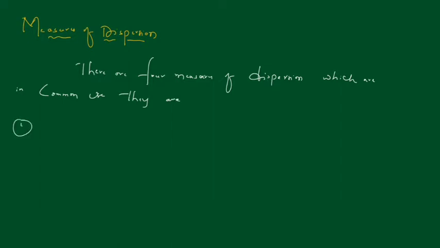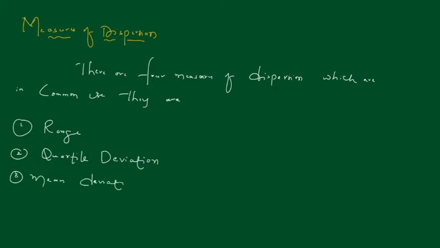First one is range, second one is quartile deviation, third one is mean deviation, and fourth one is standard deviation.